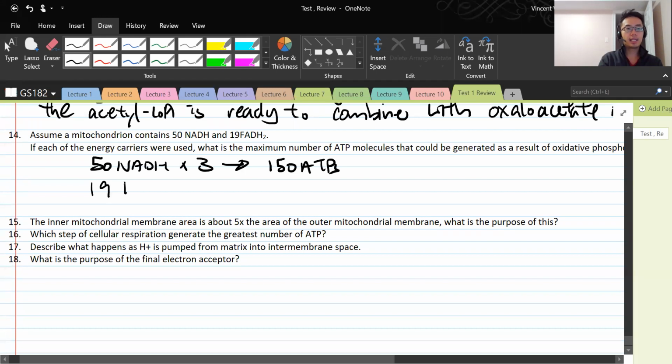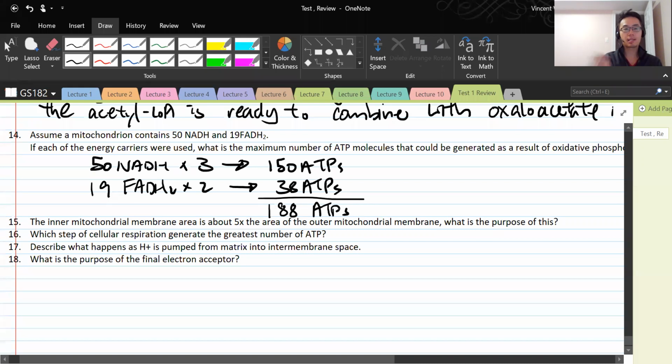Whereas 19 FADH2 times 2, that's 38 ATPs, right? Each NADH can produce 3, and each FADH2 can produce 2. And then you add these up together, that's going to be 188 ATPs maximum.